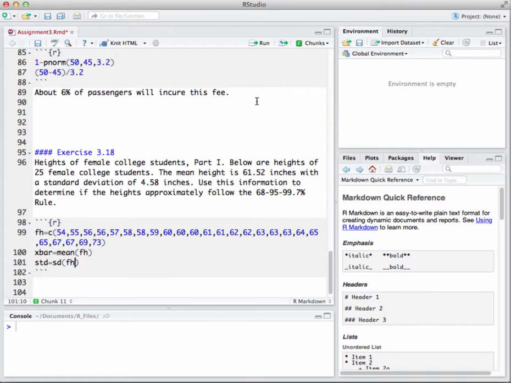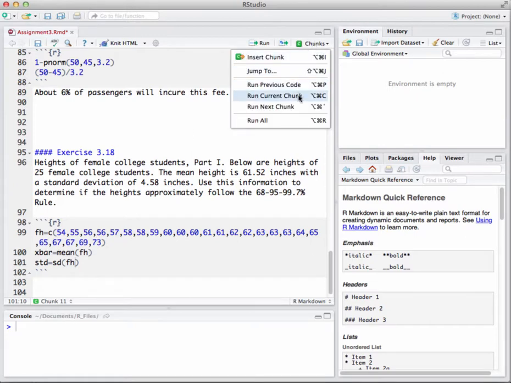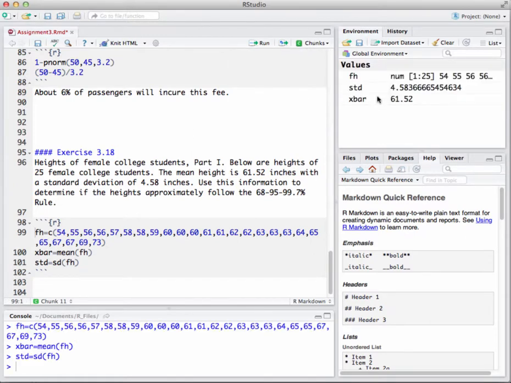Okay, and so if I run that chunk, comes back with, hey, look at that, got the exact same numbers. You can look up here or you can look down there, but best to look up here because otherwise I have to echo them. But it looks like, yes, indeed, my standard deviation and my mean came out to be what was purported.